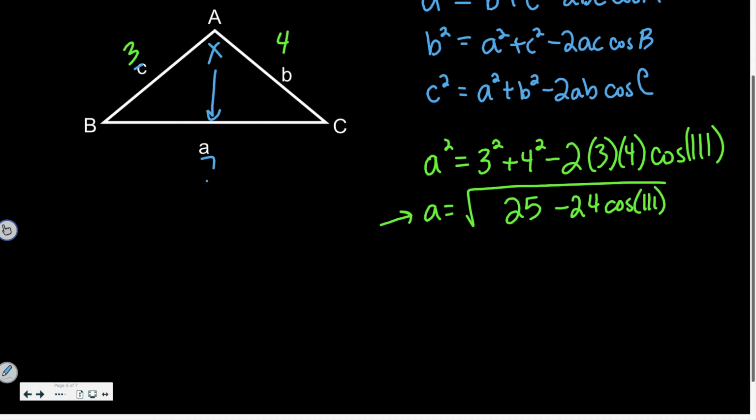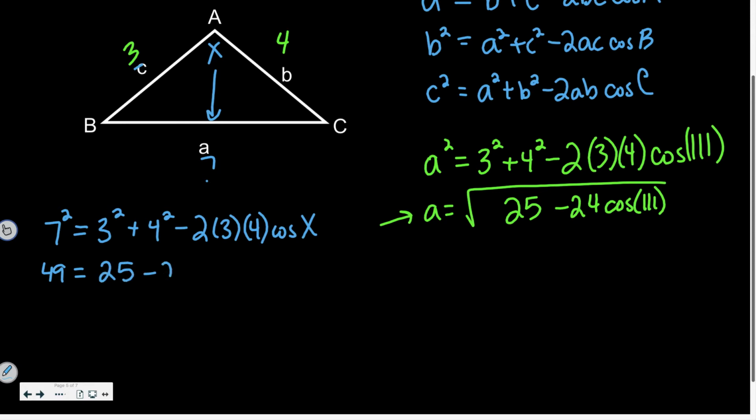Okay, so anyways, x is opposite of the side 7, so I'm going to say 7 squared equals 3 squared plus 4 squared minus 2 times 3 times 4 cosine of, I can say x, because that's the variable I used. So I'd have 49 equals 3 squared plus 4 squared is 25 minus 24 cosine of x.